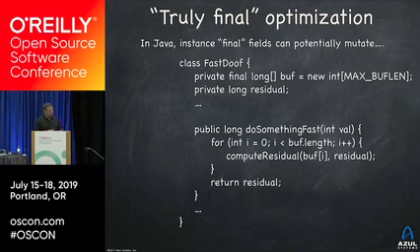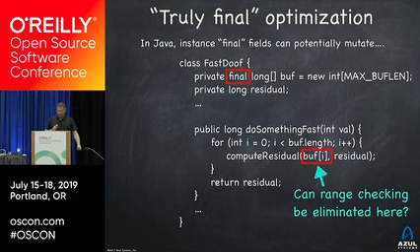One last example that we've recently introduced at Zulu is what we call truly final. Fields in classes in Java can be declared final, but unfortunately, there are too many things that can modify a final field, like reflection and unsafes. So generally speaking, that buffer access can't really be eliminated.